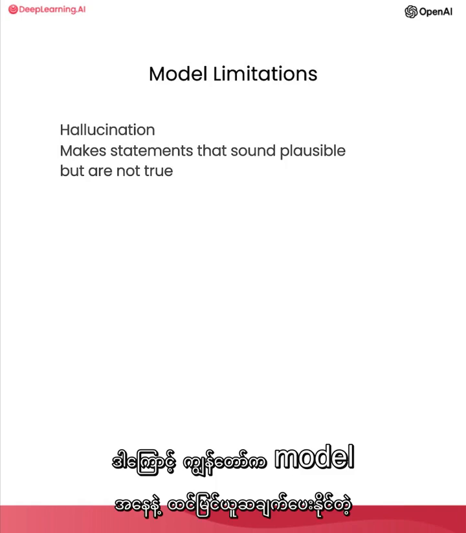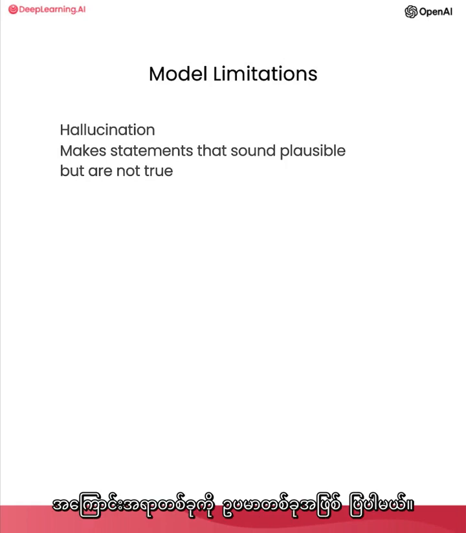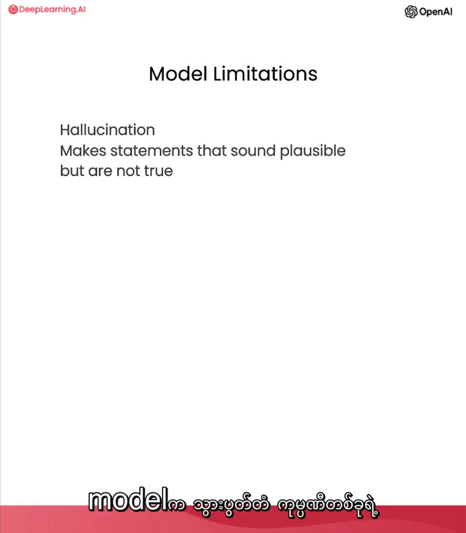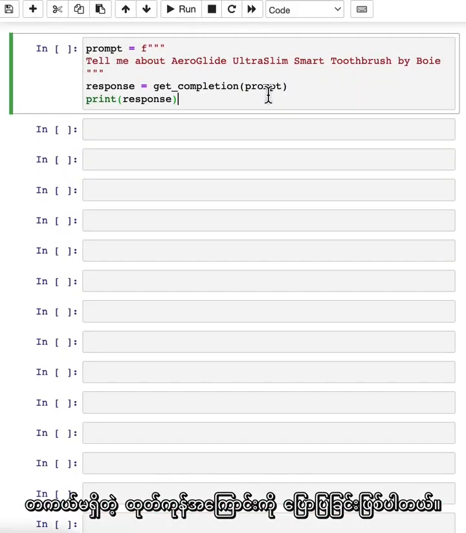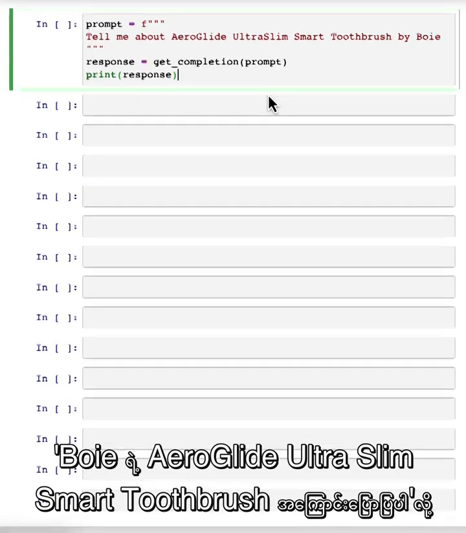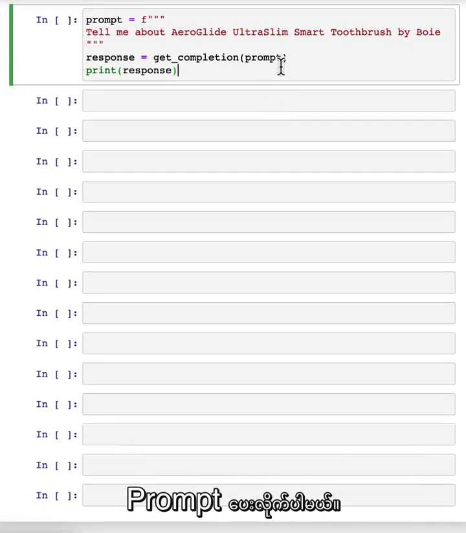And so I'm going to show you an example of a case where the model will hallucinate something. This is an example of where the model confabulates a description of a made-up product name from a real toothbrush company. So the prompt is, tell me about Aeroglide Ultra Slim Smart Toothbrush by Boy.